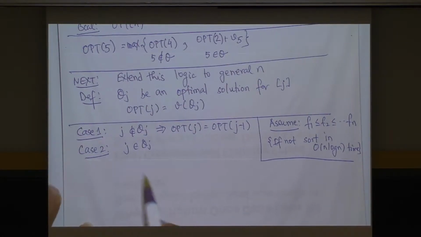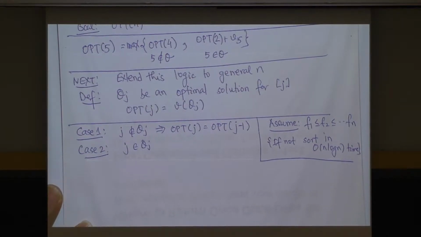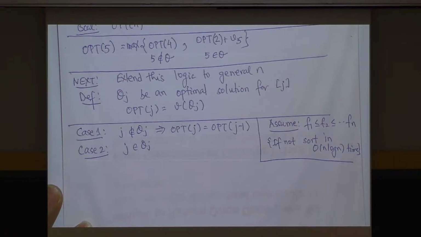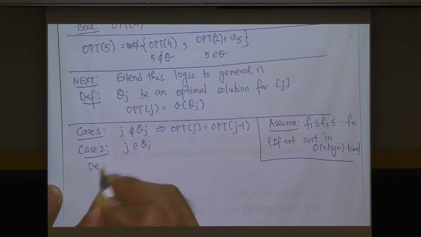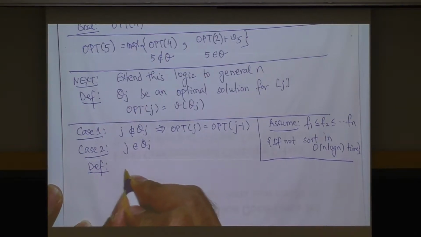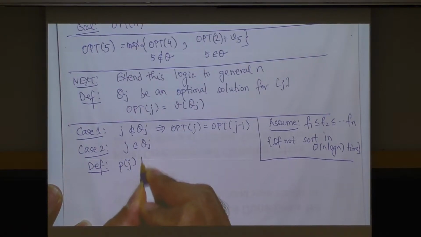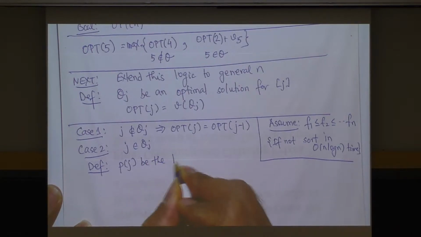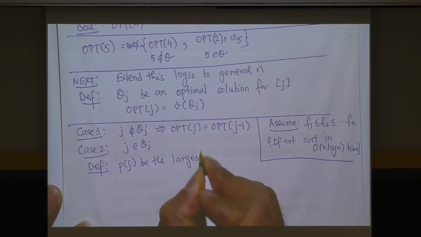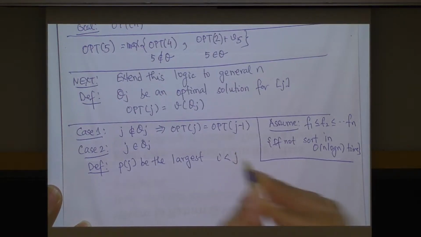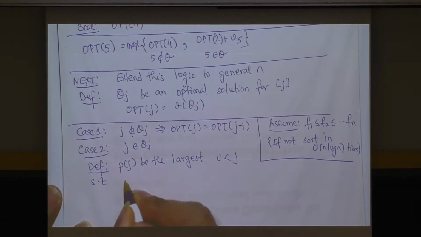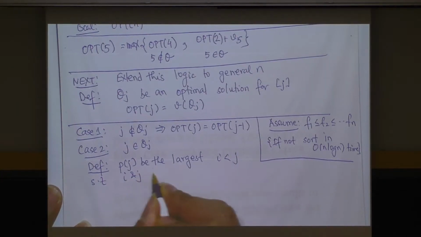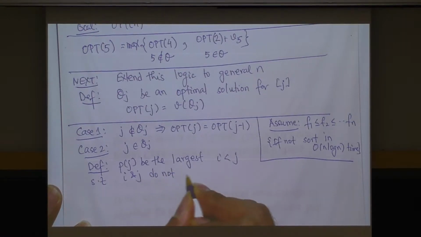And so what we now need to do is figure out a way, given j, to figure out which are the jobs that conflict with j. And for that we need another definition, which is: let p of j be the largest i that's strictly smaller than j such that i and j do not conflict.